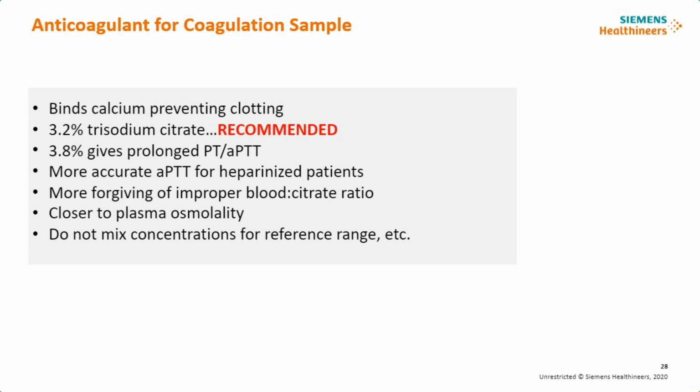And the reason I bring that up is that if you're looking to get normal pooled plasma to establish reference ranges, some vendors may indicate on their websites what type of anticoagulant has been used. So it's good to look and verify that it's 3.2%, because that's typically what's used in laboratories today.